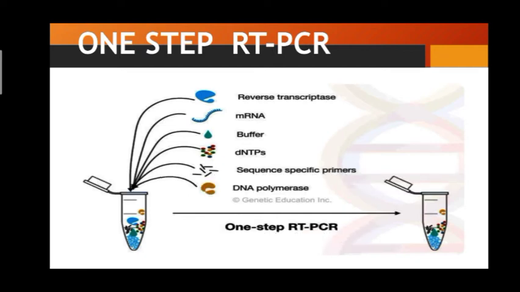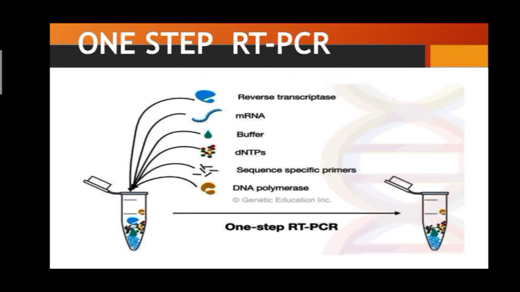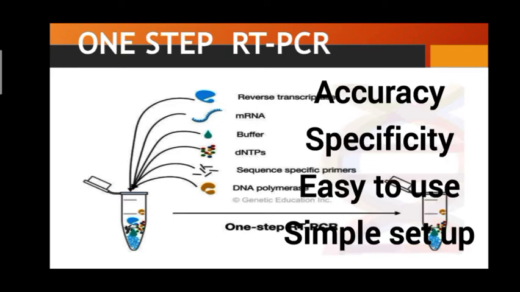Therefore, it is named as one-step RT-PCR or one-step reverse transcription polymerase chain reaction. It is widely used in repeat quantification assays and high throughput screening due to its high accuracy, specificity, easy use and simple setup.